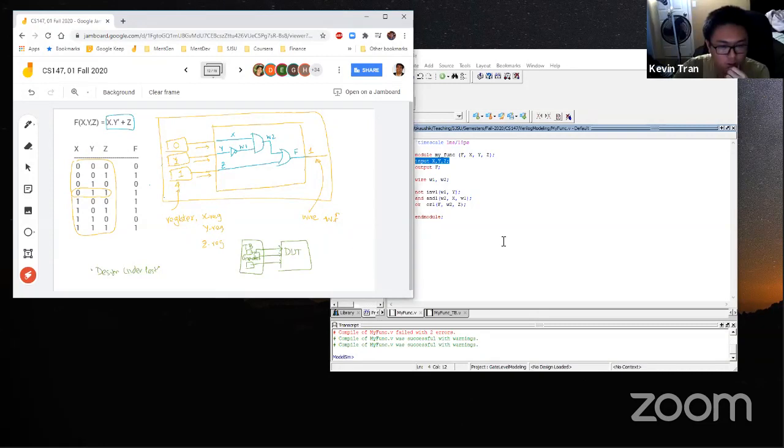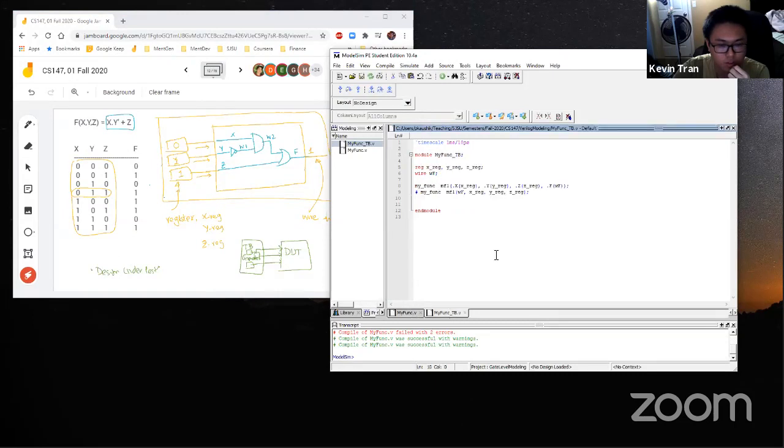So you're saying that we have the test bench and it is connected to myfunc through the wire. So implicitly there's a wire between the two ports. So between X and X reg, there's an implicit wire there. Oh, okay.